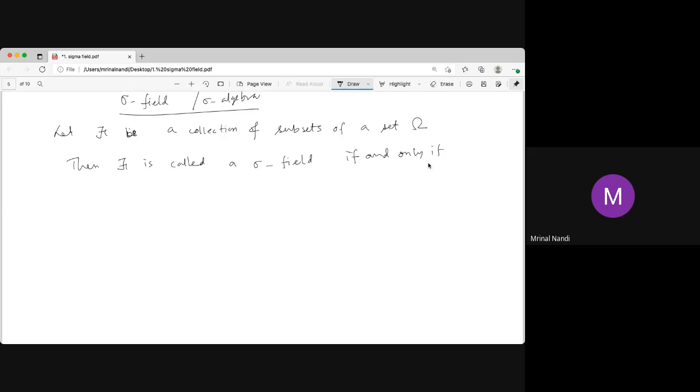So we just write "if" for definitions only. The first condition is the same as before, and the second is the same thing.